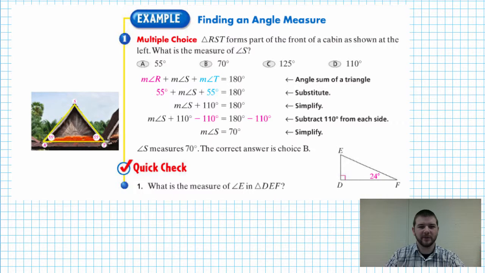So we're going to use some of this information that we know about triangles, and more specifically the interior angle sum of a triangle. We know that all three angles of a triangle will add up to 180 degrees. So we'll use that information in order to determine this unknown angle measure.